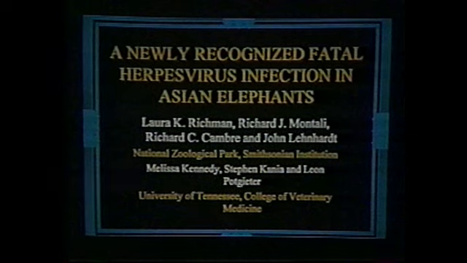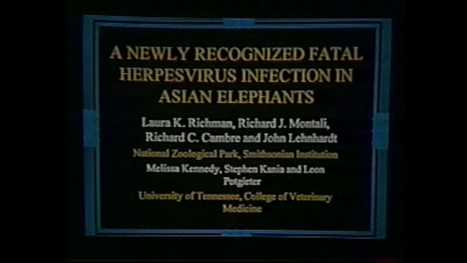More recently, morbilliviruses have been attributed to deaths in horses and humans in Australia, and that represents sort of a new emerging viral disease.